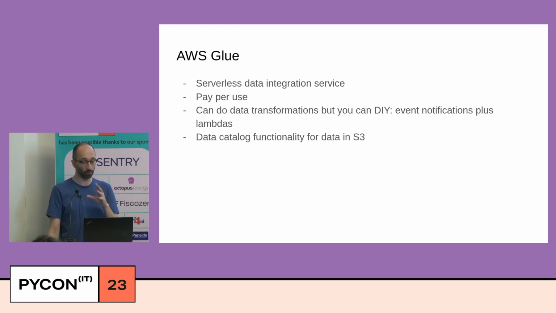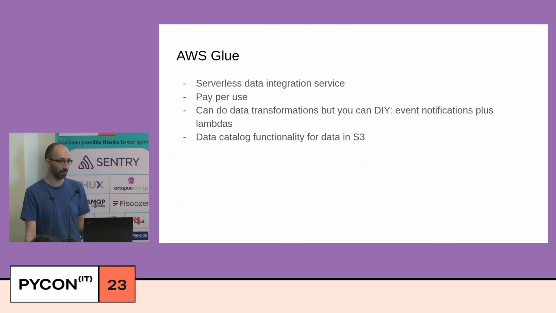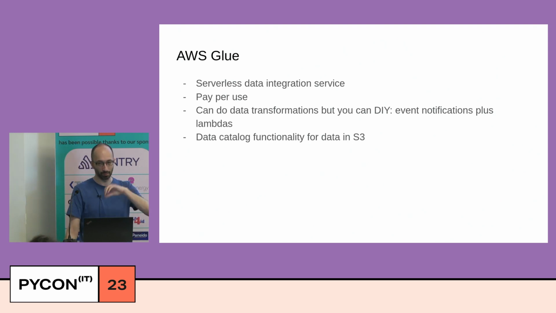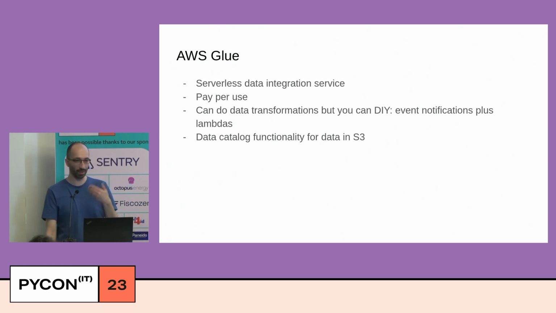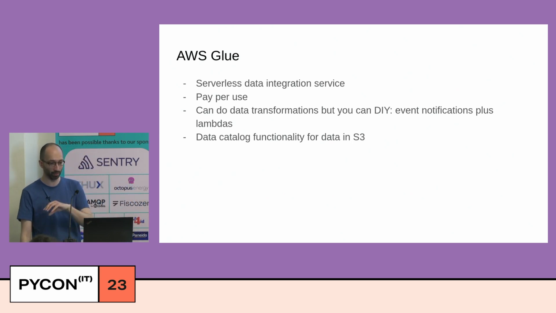Or you can cook something yourself. For example, you can use Lambdas, which are the AWS serverless computing service. And so maybe you can listen to the S3 bucket events. So when you upload a file, you can bring up the Lambdas, let them process your data, and store it in another bucket.